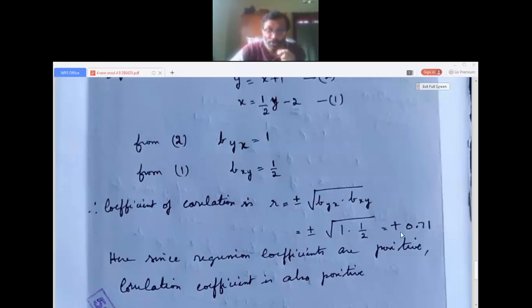So r should also be positive. If both are negative, r will be negative. If both are positive, r will be positive. So we got plus 0.71. Now the coefficient of correlation r should be in between minus 1 and plus 1. So it satisfies. And since the regression coefficients are positive, the correlation coefficient is also positive. So this is the correct answer.